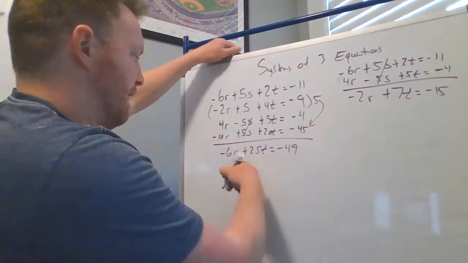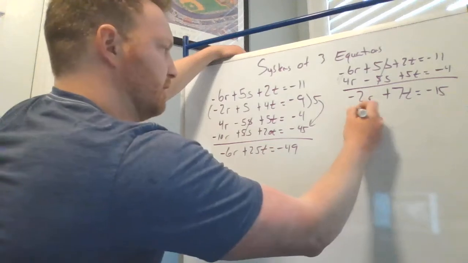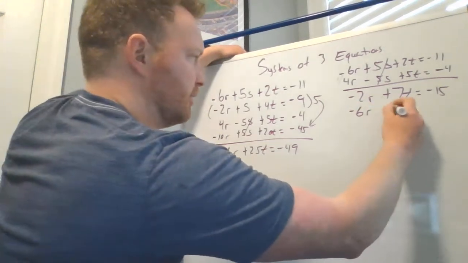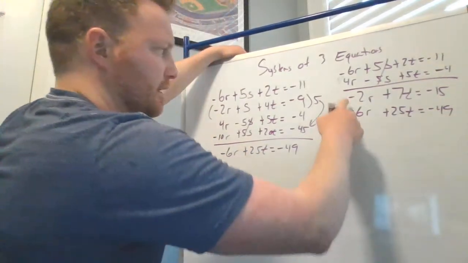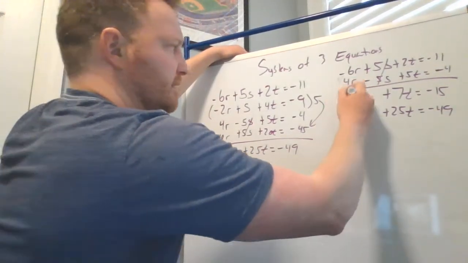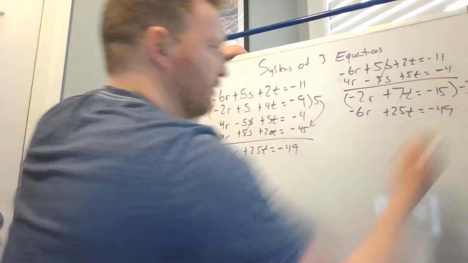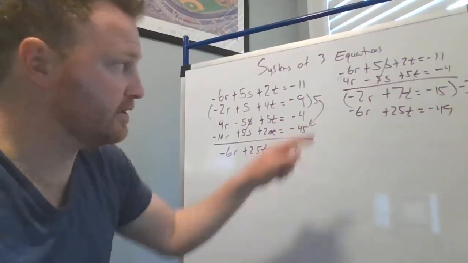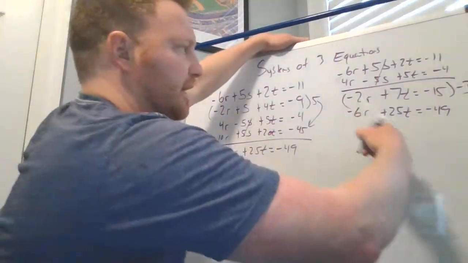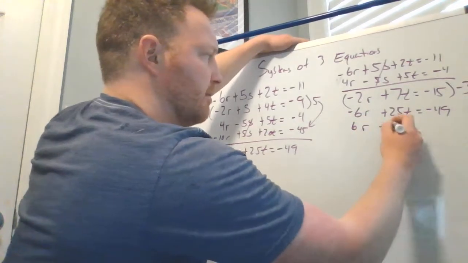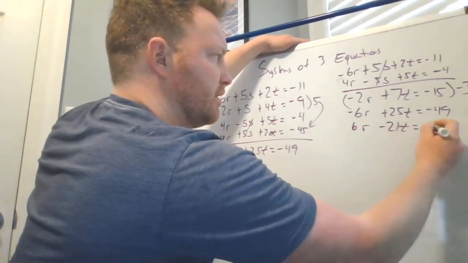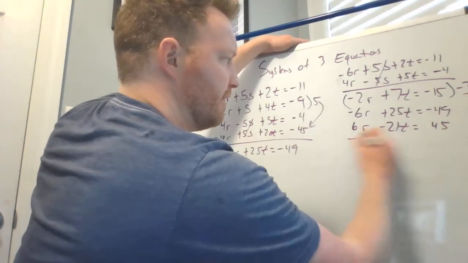Okay? I want to put them underneath each other so I can see how they look. So I got negative 6r plus 25t equals negative 49. Well, this is easy. If I just multiply this top by a negative 3, I'll be able to successfully cancel off my r's. So just again, right underneath it to save space, I got 6r minus 21t equals 45.